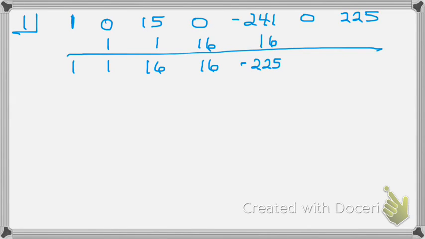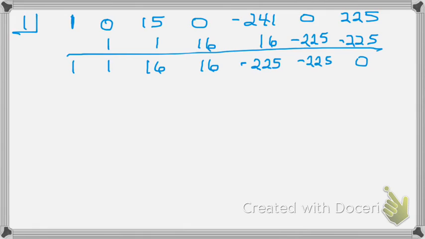Negative 225 times 1 is negative 225. Negative 225 plus 0 is negative 225. Negative 225 times 1 is negative 225. And sure enough, I get a 0. That's what I expected to happen. So that verifies for me that this 1 wasn't really a 0.9999 or something like that. Everybody okay with that?